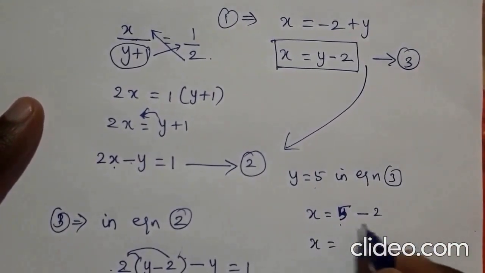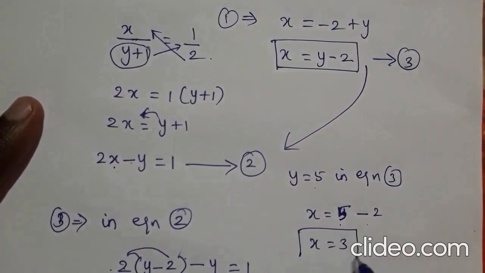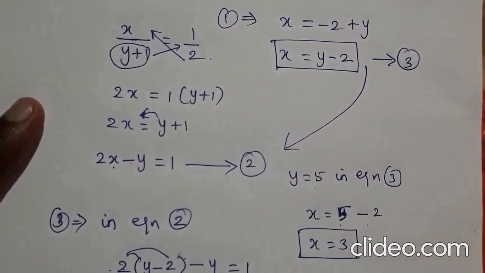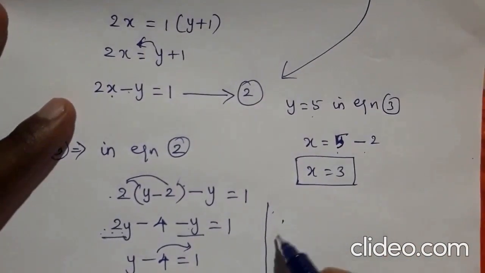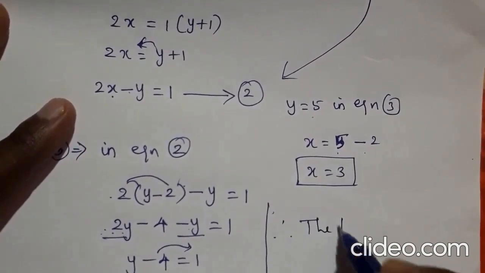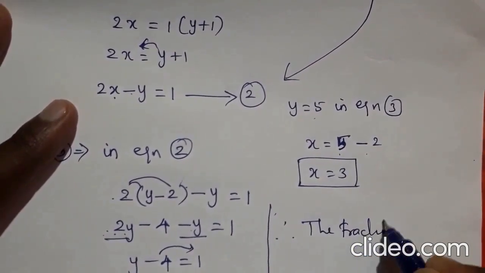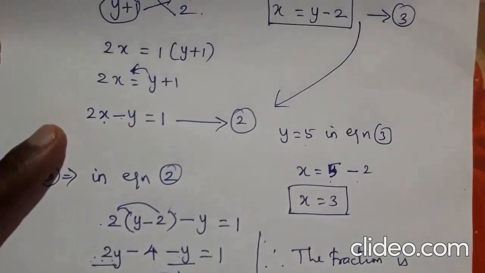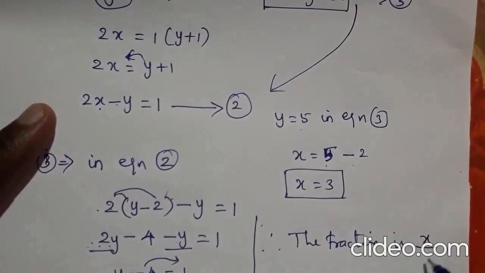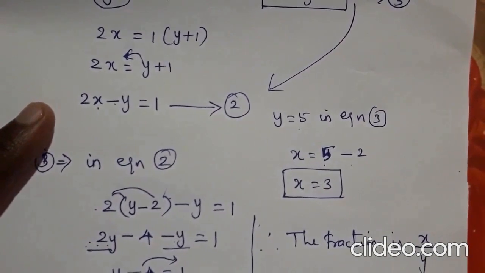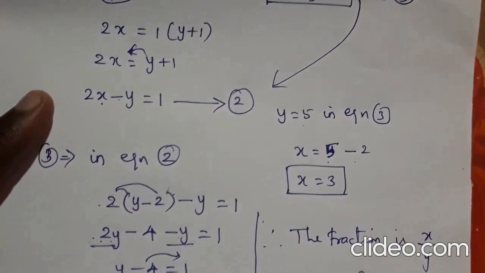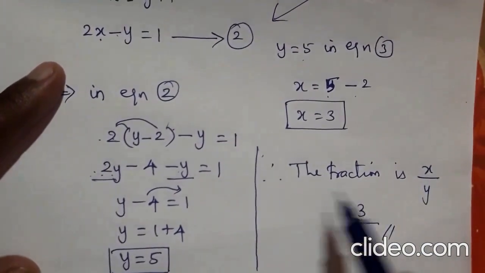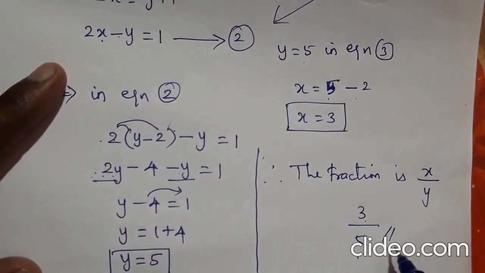So x is equal to 5 minus 2, that is 3. So we got the values of y and x. Now we can easily find the fraction. The fraction is, as we already took, x by y. In the place of x we got 3, divided by, in the place of y, 5. So the fraction is 3 by 5.